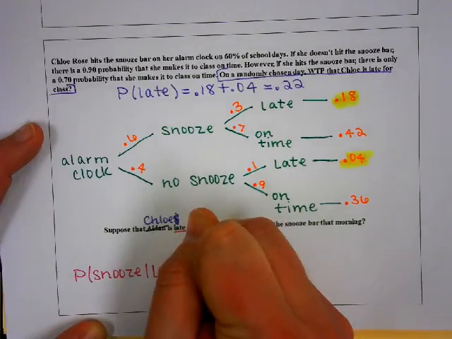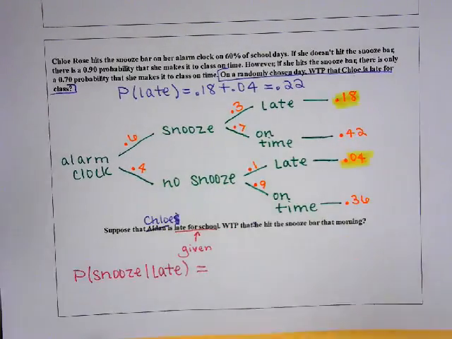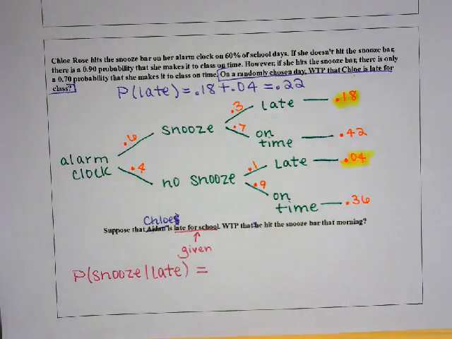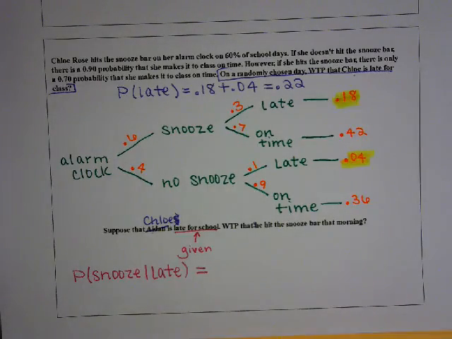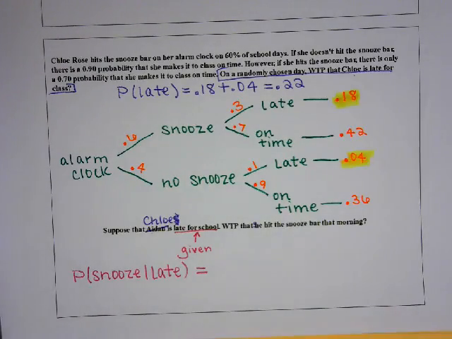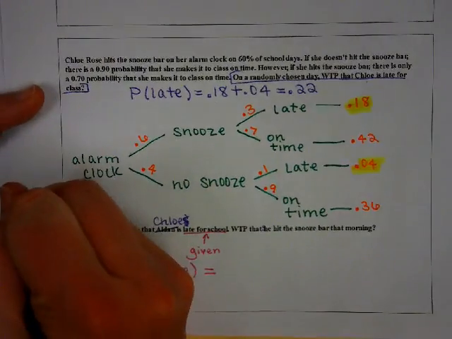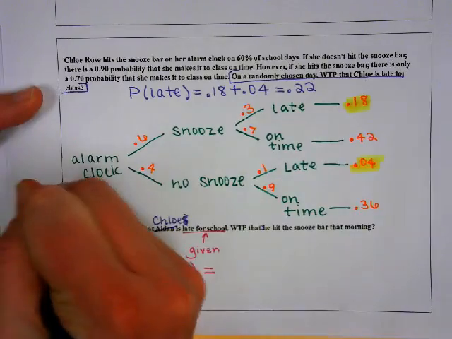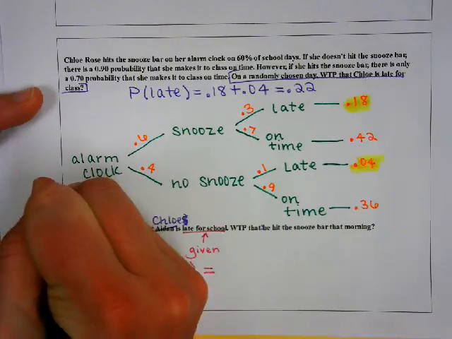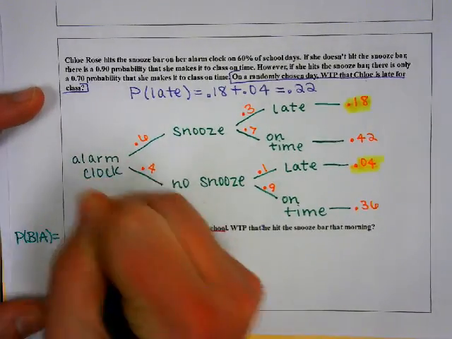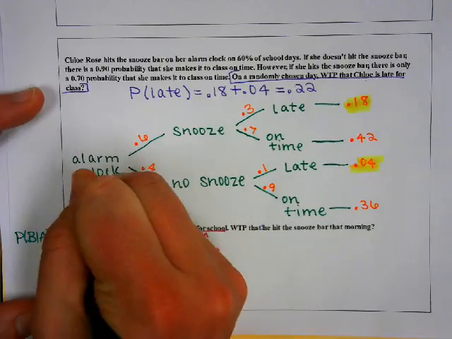So hopefully yesterday you remember that we learned our conditional probability rule that says P of B given A is equal to P of A and B divided by P of A.